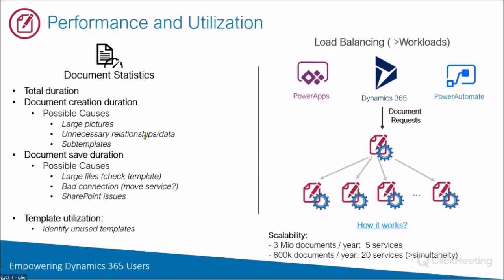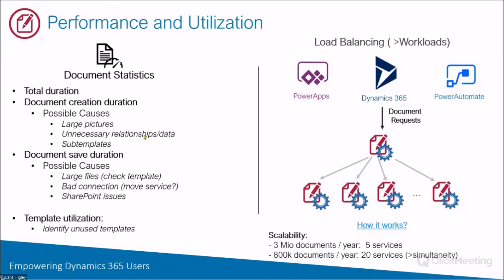The document save duration is another thing. Some of the causes for a long save time would be, of course, large files. Again, that goes back to the large pictures that we see. Large files will cause that save time to go up astronomically. Bad connection is another. For example, you may not have a good connection from Dynamics or from the Dataverse to the actual service.